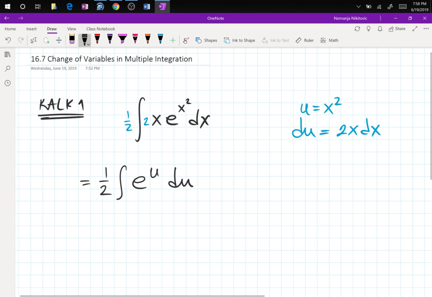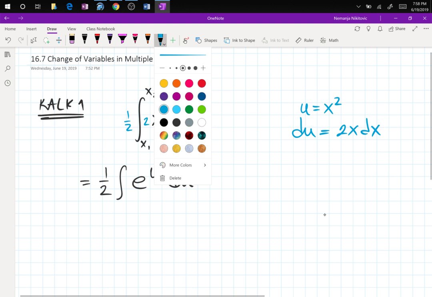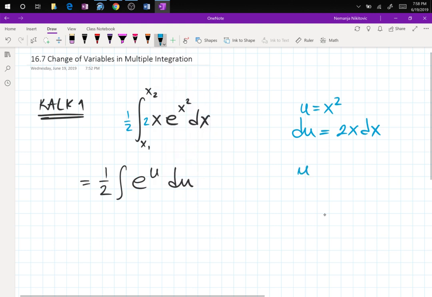Now, if I had limits which went from x1 to x2, because those were the x values, a and b, on the x-axis, those limits would have to be converted such that I get u1 to be x1 squared and u2 to be x2 squared.